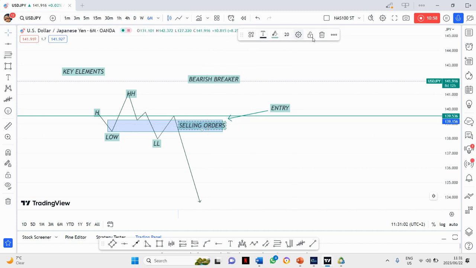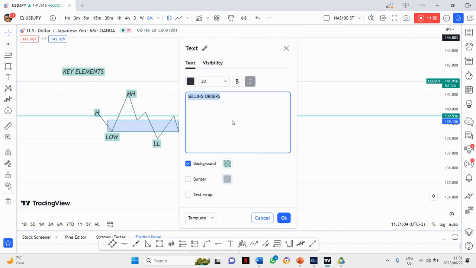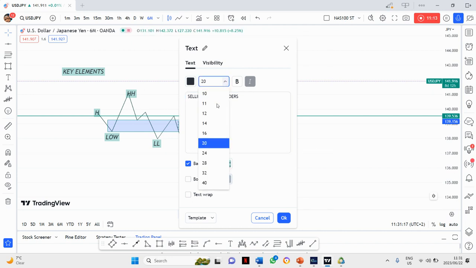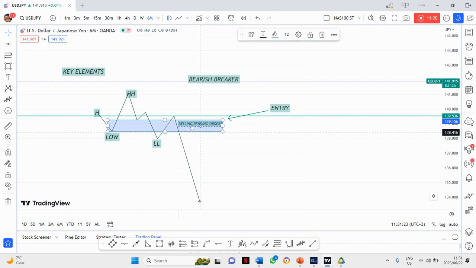As professional traders, we just trade it like this. Selling pending orders.